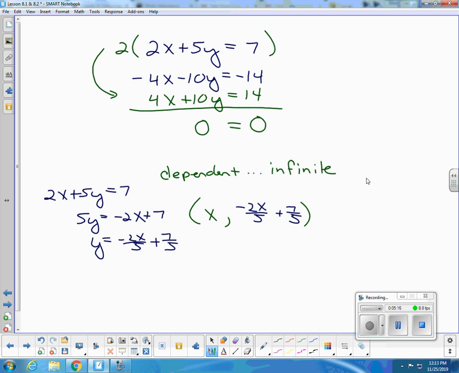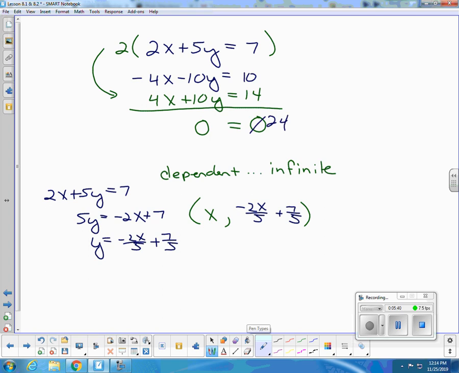So if it's a special case, these lines are basically the same line, they're multiples. So it ends up being a line on top of itself, which means all the points are intersecting. All right? So it's dependent. If I were to change this just slightly, if I go back here and let's change this to a 10, this would be a 24.